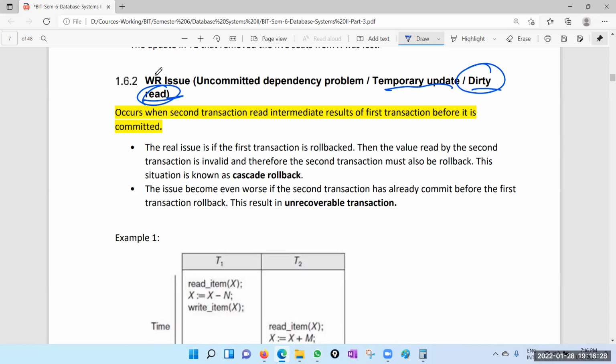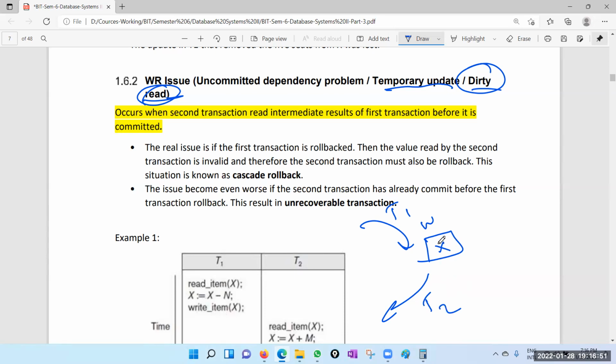So what is that? Transaction one writes to a particular value. Say it has changed it to X. Now transaction two reads afterwards.